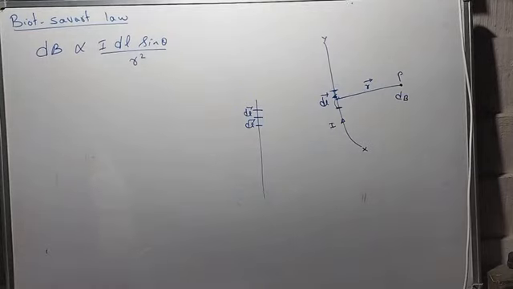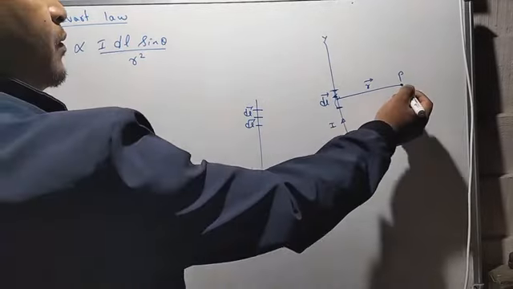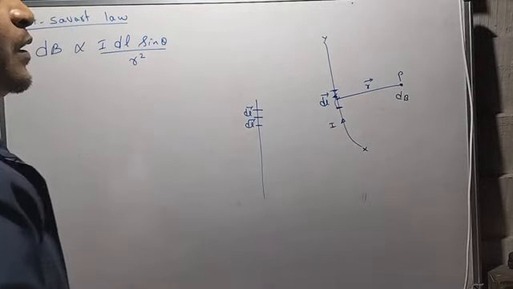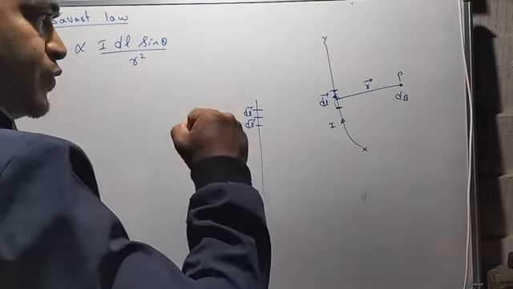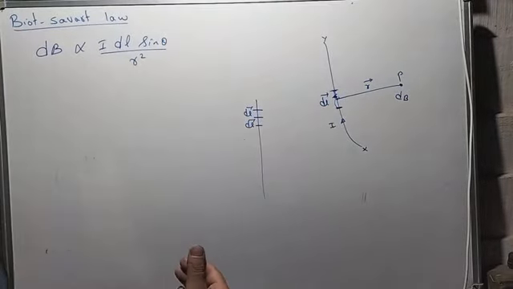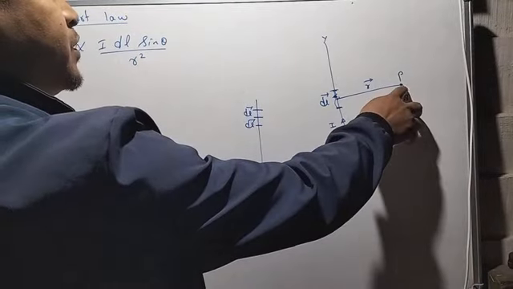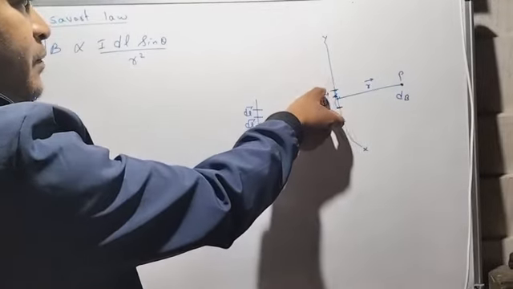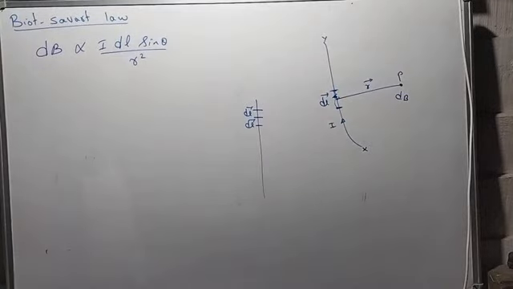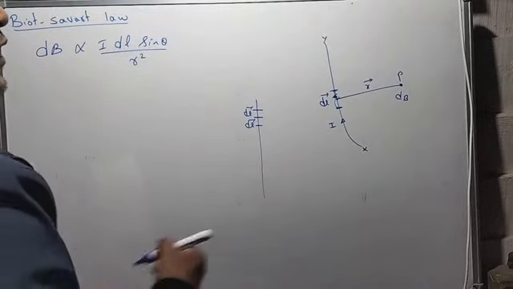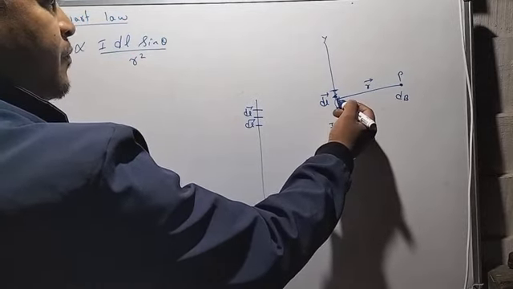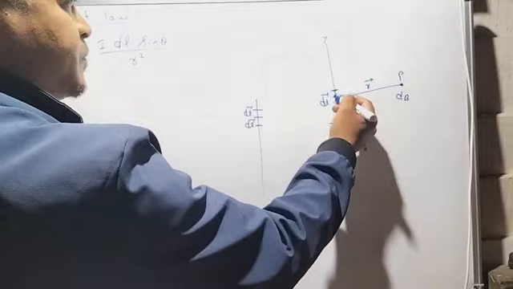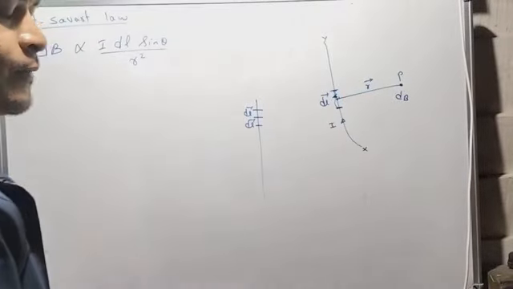Now, if they want to calculate the magnetic field at a point P, they first have to know the magnetic field at this point P due to this current element dl. This point P has a position vector r with respect to the elemental length dl.